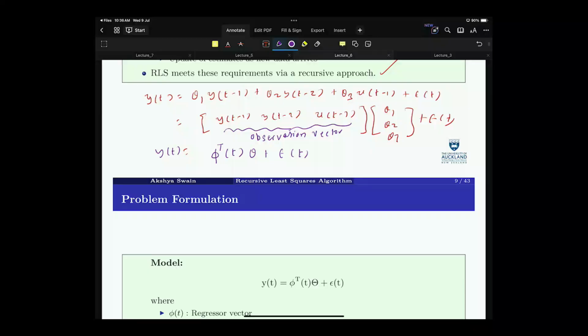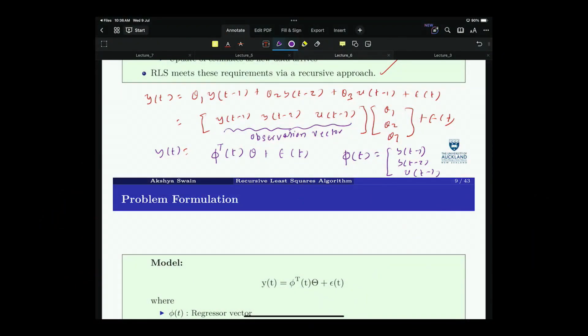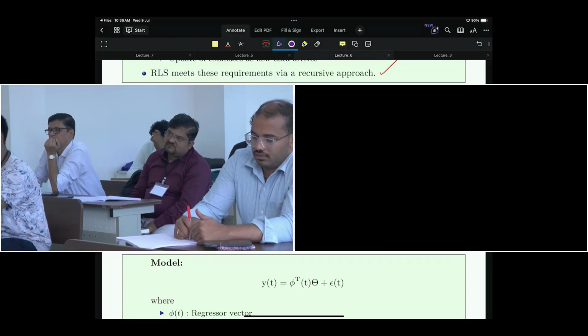If in your expression you find any row vector, you transpose it. So by definition, phi t is equal to yt minus 1, yt minus 2, ut minus 1. This is the column vector. Vector means column, right?